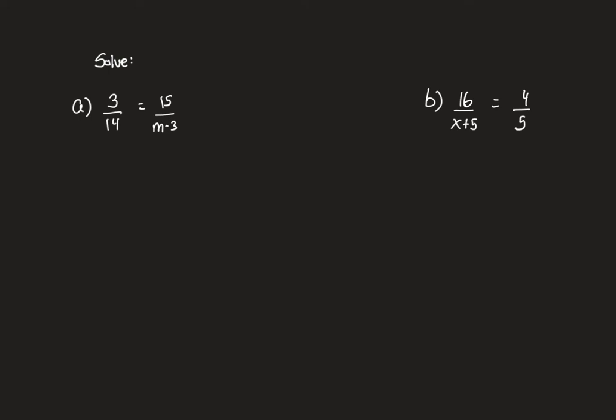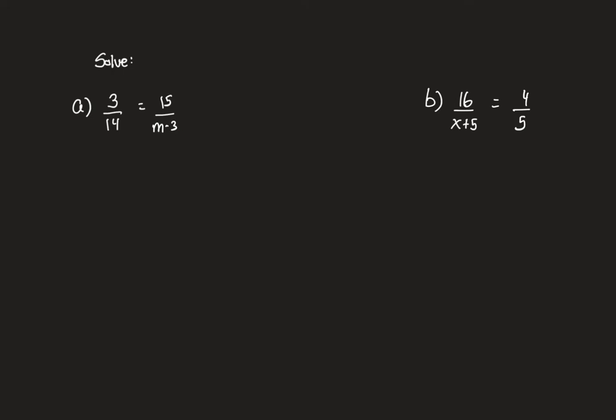Now, in these type of questions, they're still the same steps. But let's do the first one together so you can see what's the main difference here. And the main difference is with our terms. Here, in our last page, the variable was by itself. This time, the variable has another term beside it.